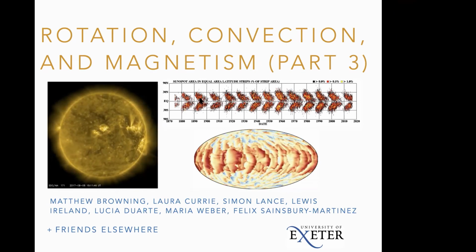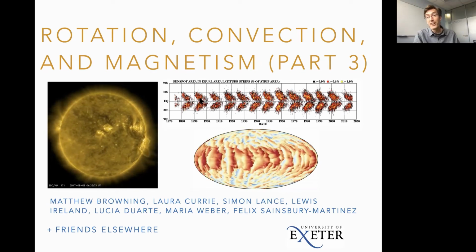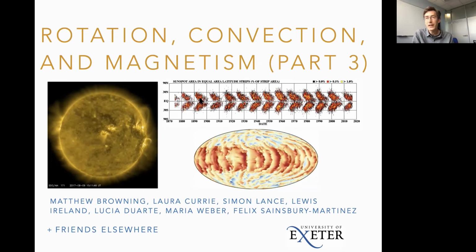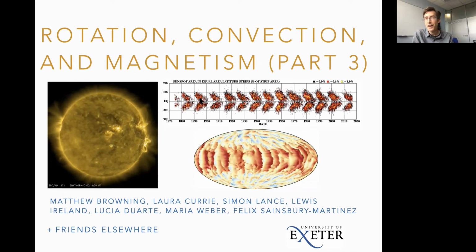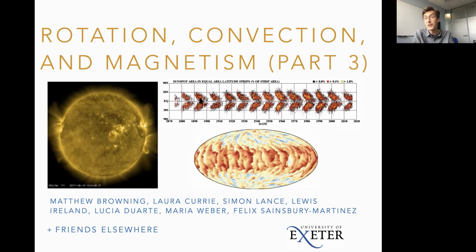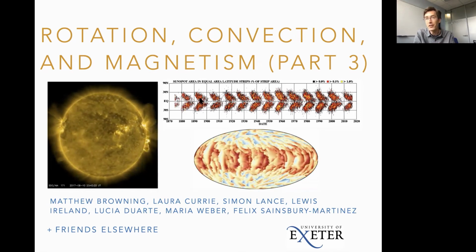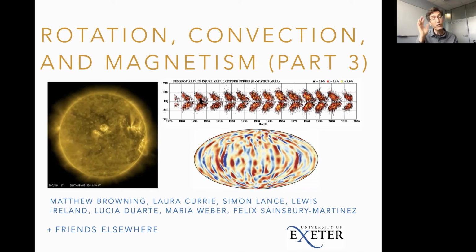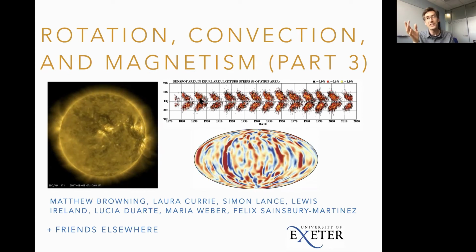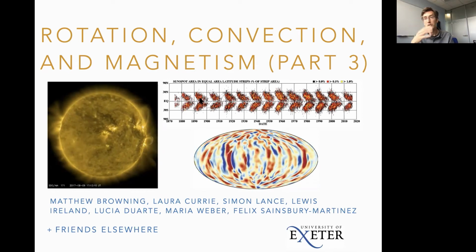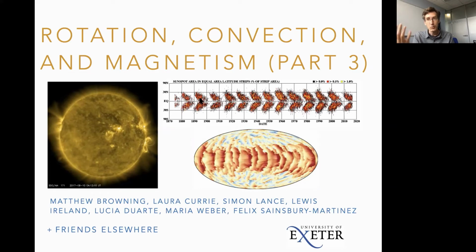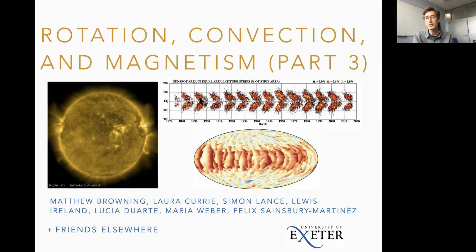So as Aaron said, this is the third in a series of 3 lectures on rotation, convection, and magnetism as part of this Cavalry summer program in fluid dynamics of stars and the sun and other stars. In the first lecture, I tried to motivate this topic by showing you some observations of rotation and convection and magnetism in stars.